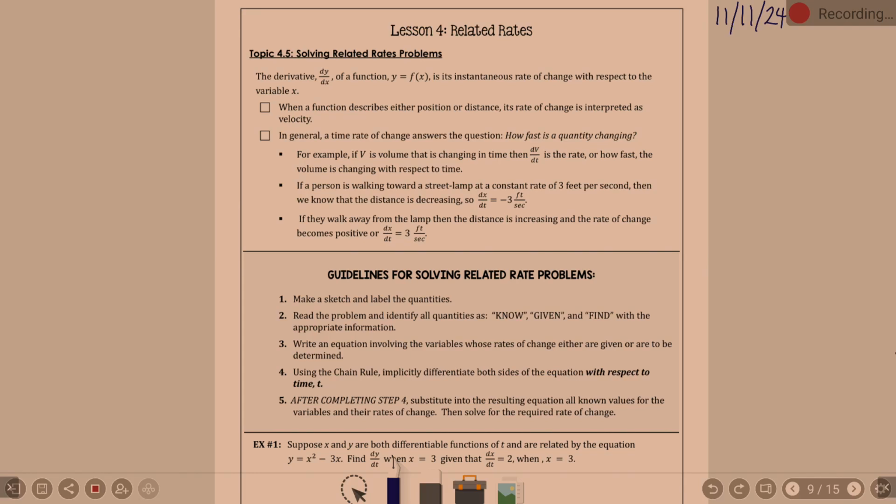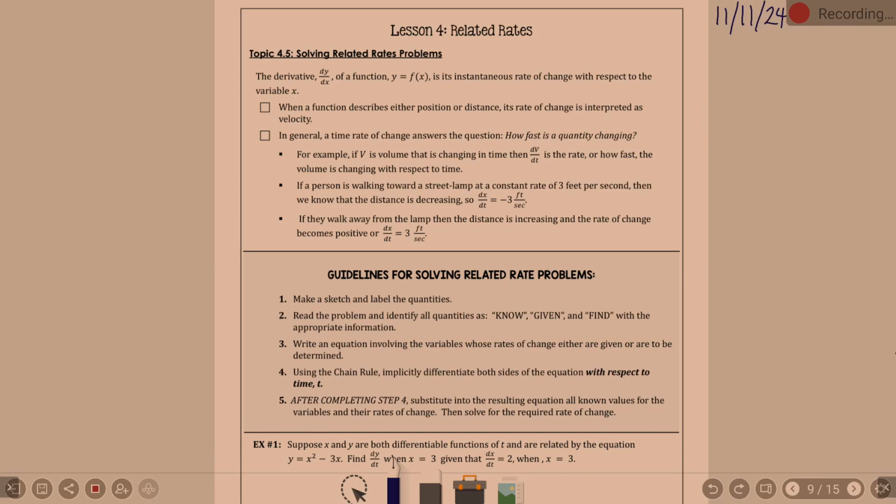Sketch out the scenario, whatever it might be, assuming you can. Label all the quantities. Read the problem and identify all quantities as known, given, and find with the appropriate information. So basically, I go through and look at everything in the problem. What do we know? What are they asking us to find? What's given? Put labels with all of that. Just get everything organized here.